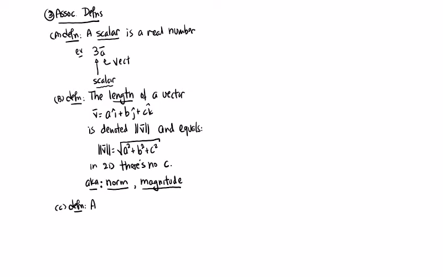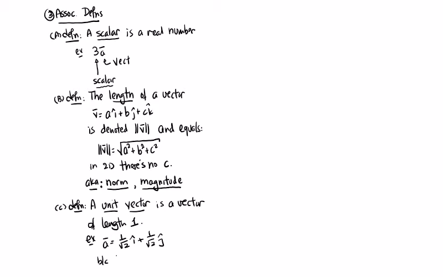So C: a unit vector. This is just a vector of length 1. So for example, the vector 1 over the square root of 2 i plus 1 over the square root of 2 j.